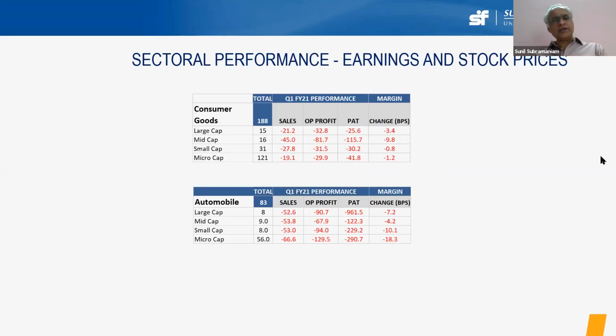If you look at the quarterly earnings in the consumer sector and the auto sector, right across the board, whether it's sales, operating profit or profit after tax or margins, or if there is large cap, mid cap, small cap or micro cap, uniformly they have shown a decrease in their sales and profits. So the current numbers do not justify the rise that's happened. It's entirely an expectation of a better future, which is driving up the value of these stocks.